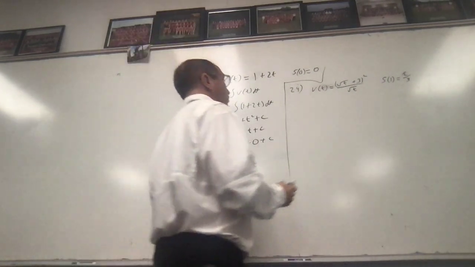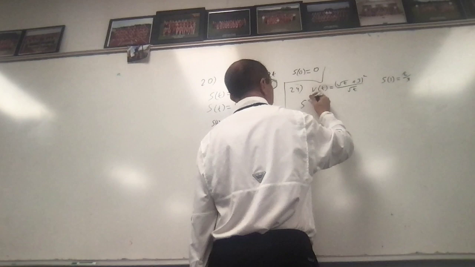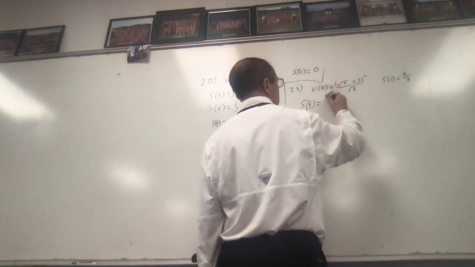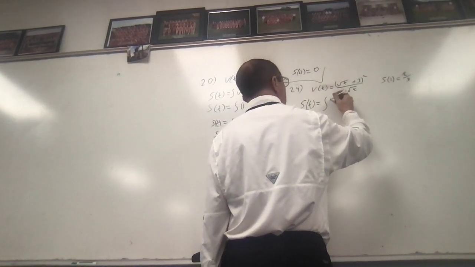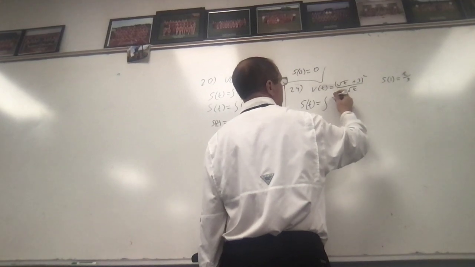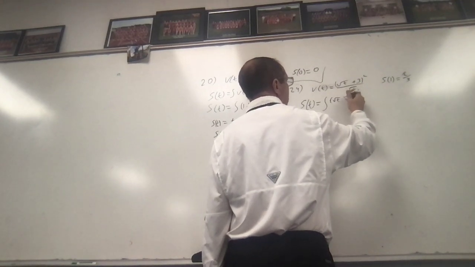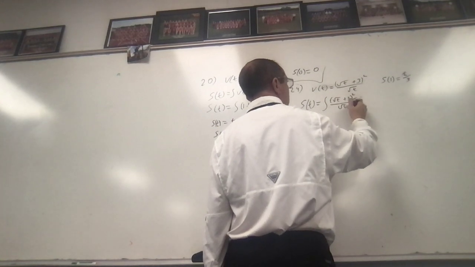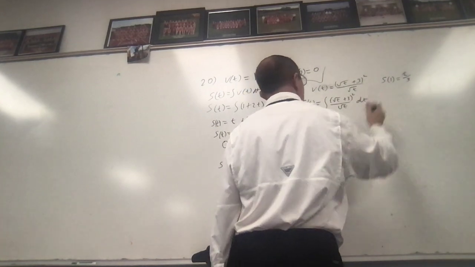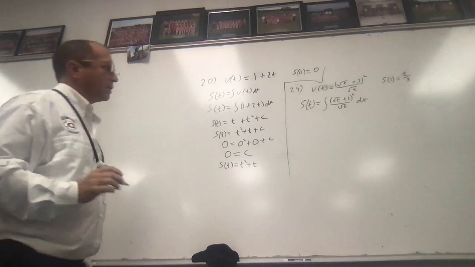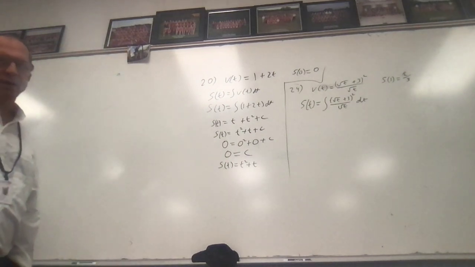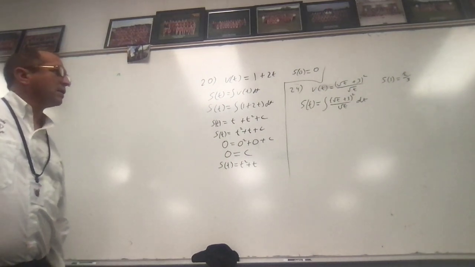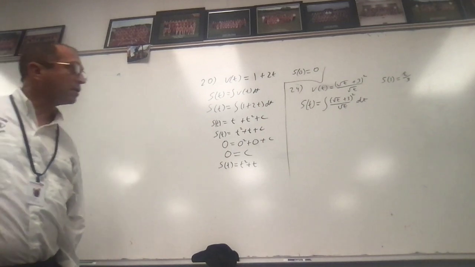So we're ready to take on the fact that we know that the position function is the antiderivative of the velocity function. I'm going to go ahead and say that's the antiderivative of the square root of t plus 3, squared, over the square root of t dt. So we've got the numerator, and that numerator is a binomial squared.